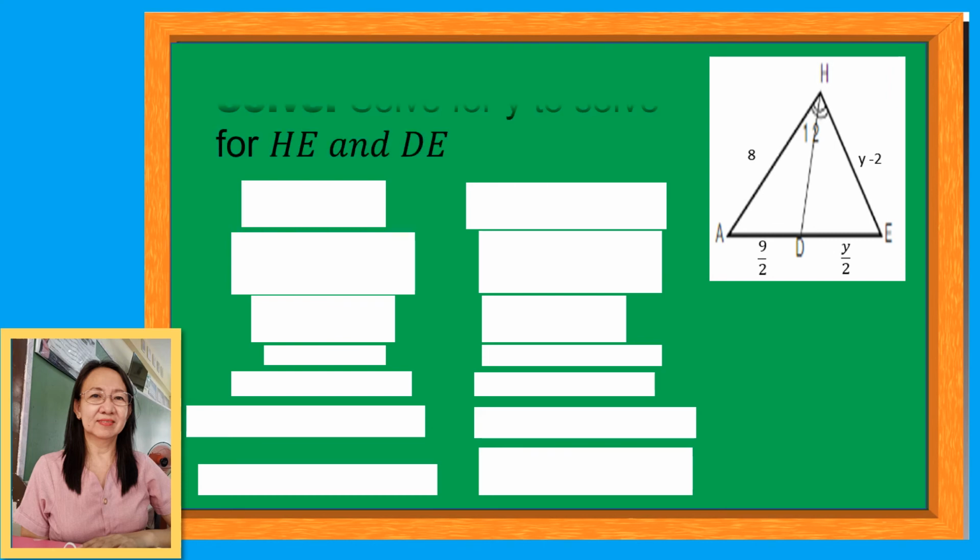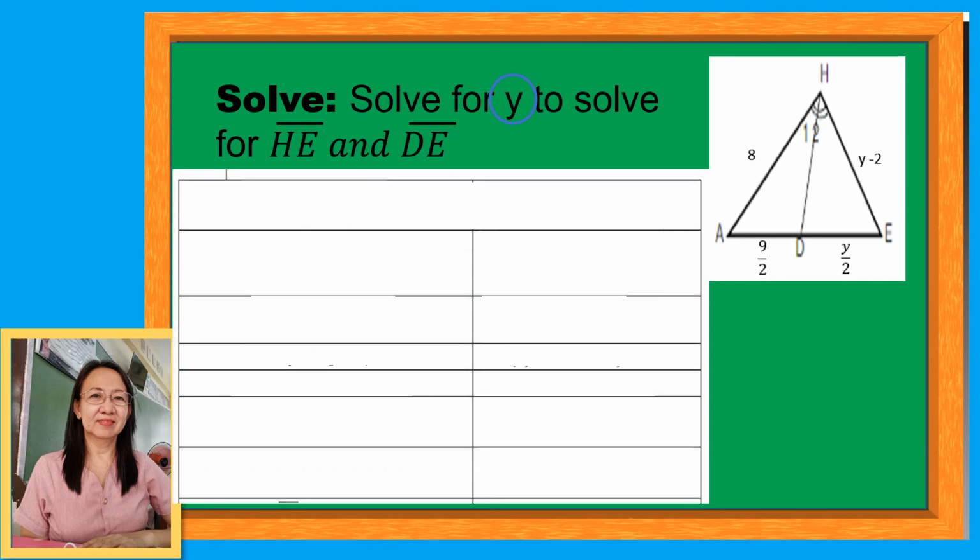Now before solving for HE and DE, we need to solve first for the value of y. So let us start in our triangle bisector theorem by indicating our proportional parts that we have AH is to AD is equal to HE is to DE.